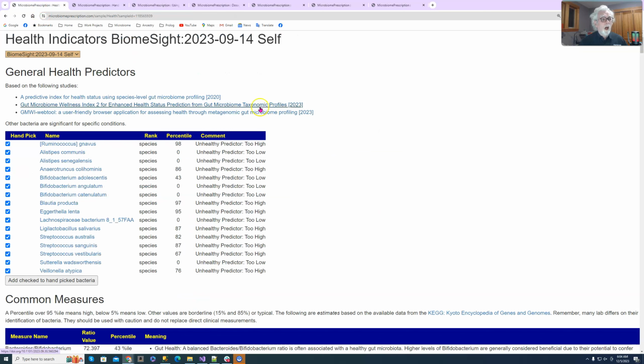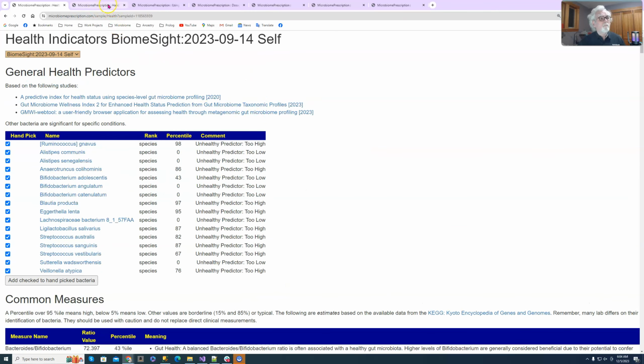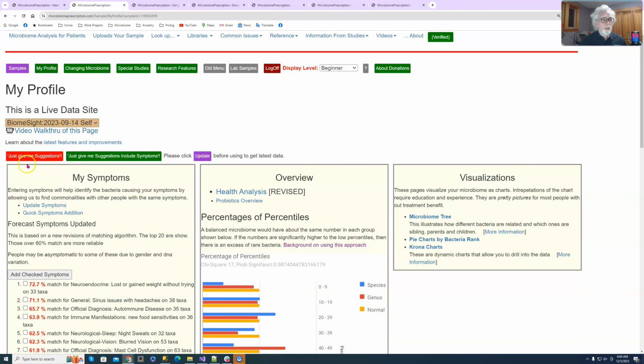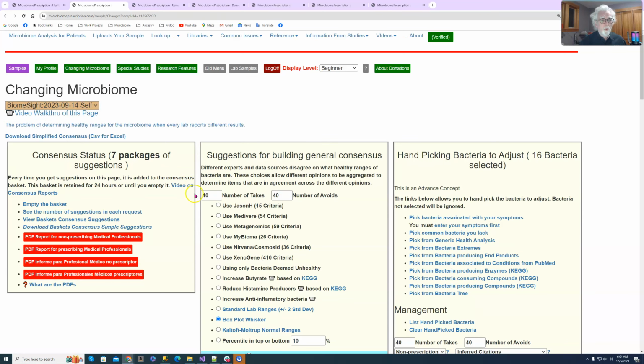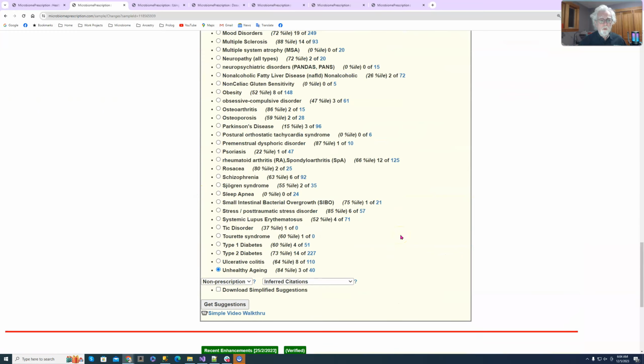So let's try doing a quick recap. We have the ability to get the canned suggestions done, nice and easy. We can go over and pick by conditions which we have.